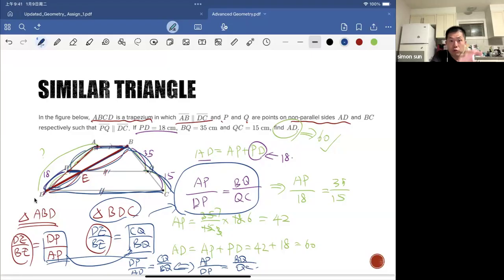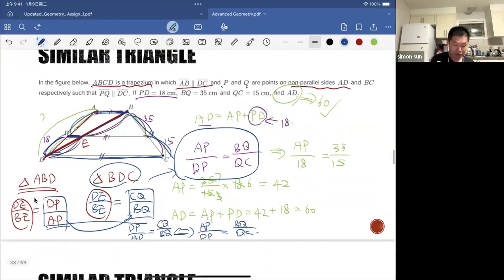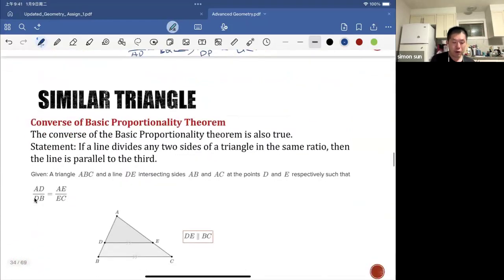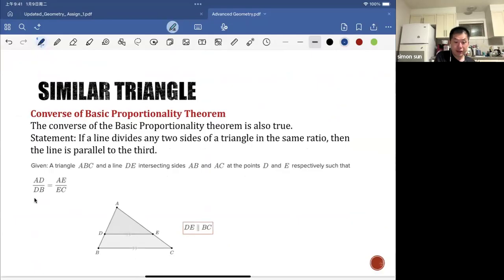Okay, this is what we call the basic proportionality theorem. Now we can also do the converse of the basic proportionality theorem, which means we just do the opposite.